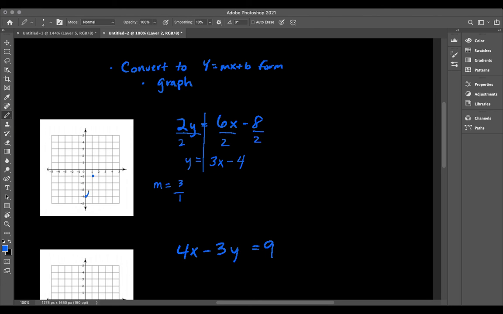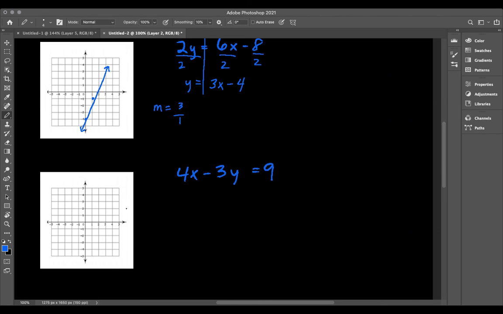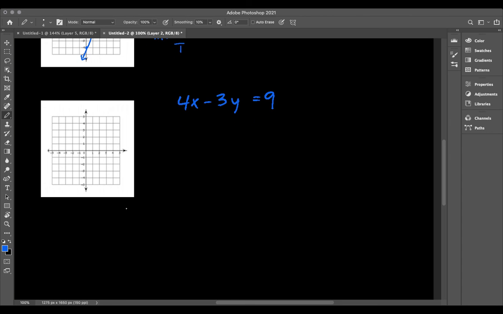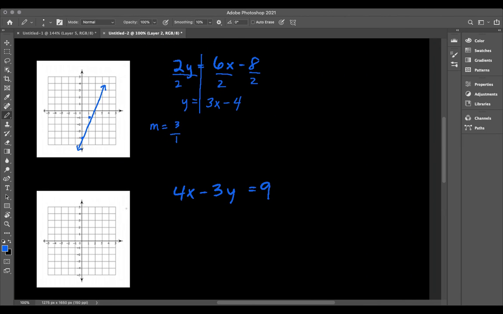And that's the point. Okay, and that's how it would work on that line, and that'll be done. So that's how it would work in that equation.